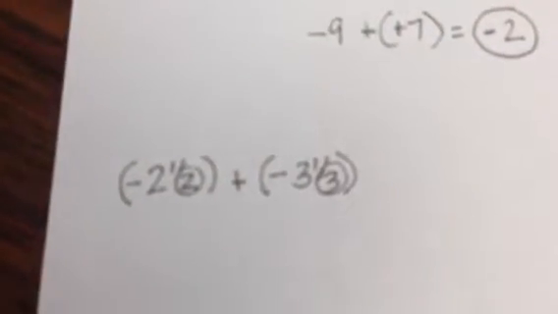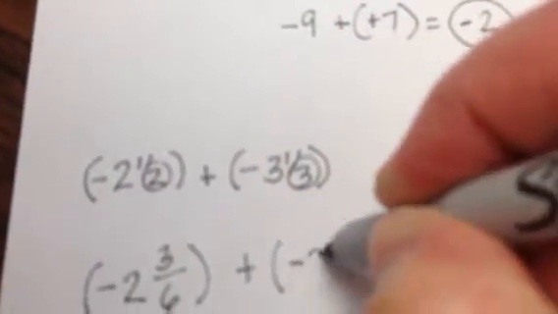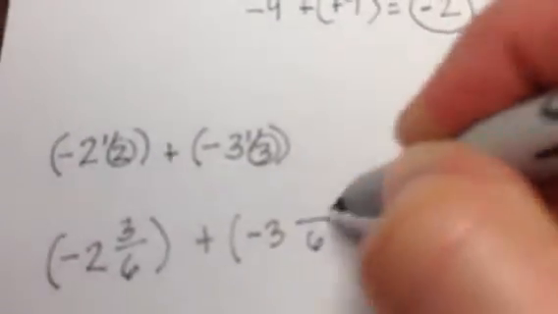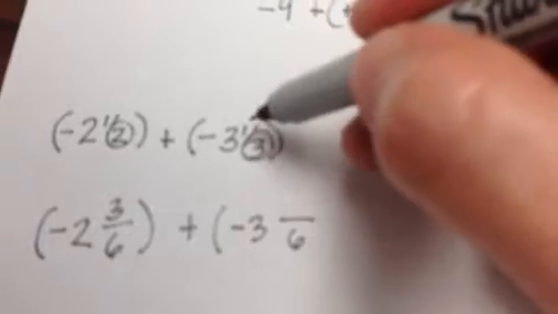I have to have a common denominator. Well, I'm going to make that 6. So negative 2, what did I multiply 2 by to get 6? I multiplied it by 3, right? So it's negative 3/6 plus negative 1/3. I'm going to put a 6 as my denominator. What did I multiply 3 by to get 6? 2.